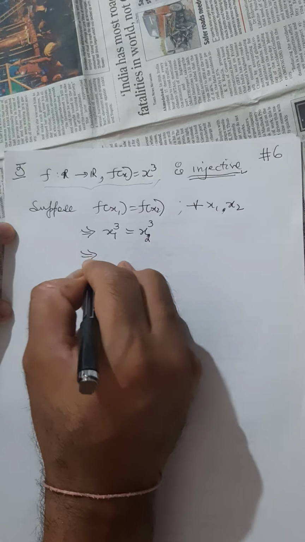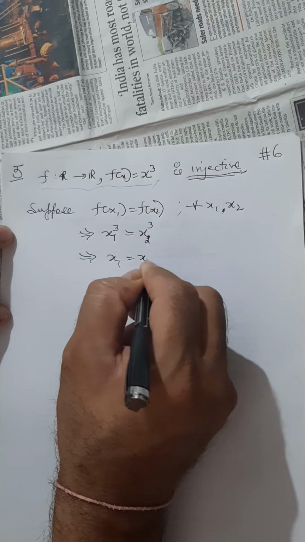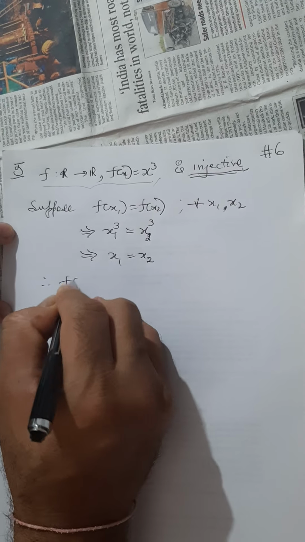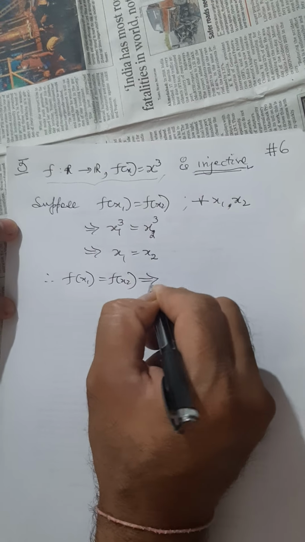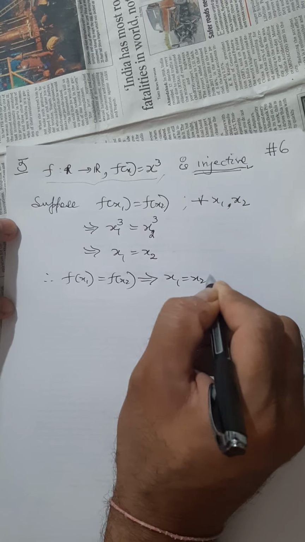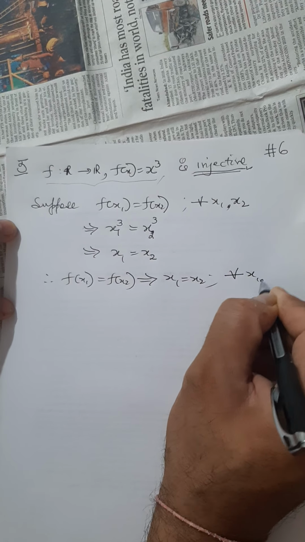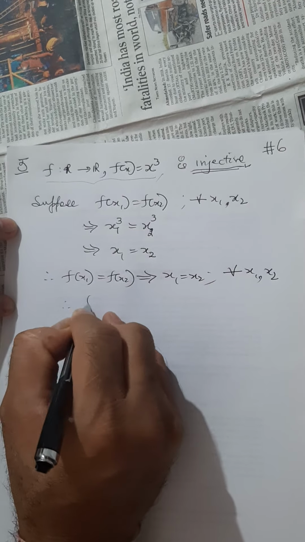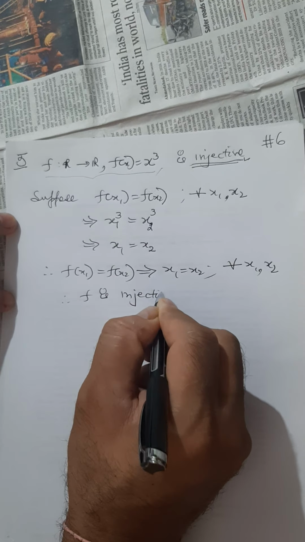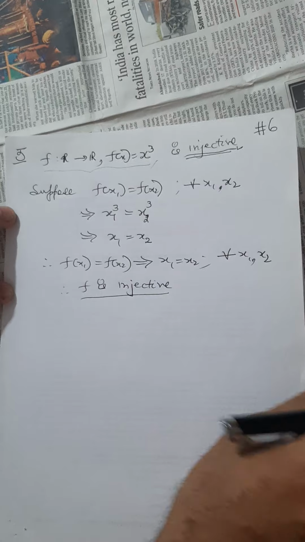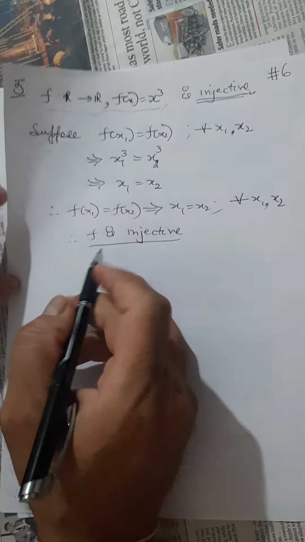So you take the cube root on both sides, so x1 equals x2. So what you have shown is, f of x1 equals f of x2 implies x1 equals x2, and this is true for every x1, x2, and therefore f is injective. Injective means one-one.